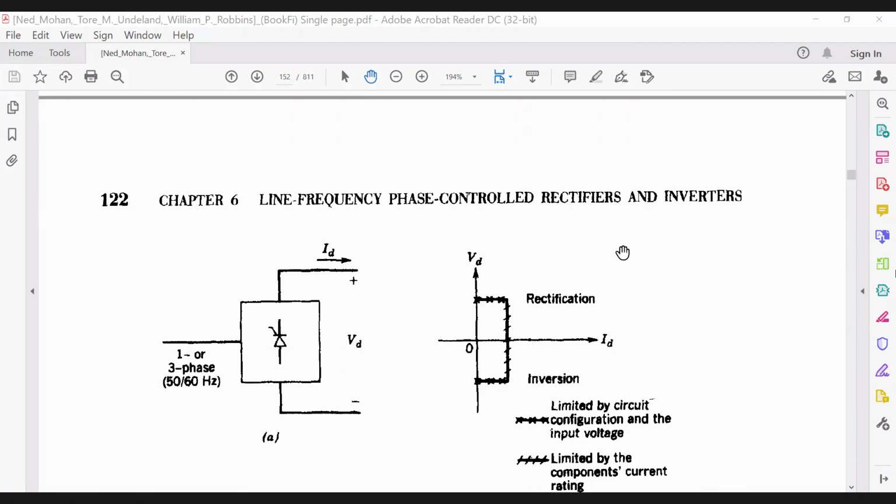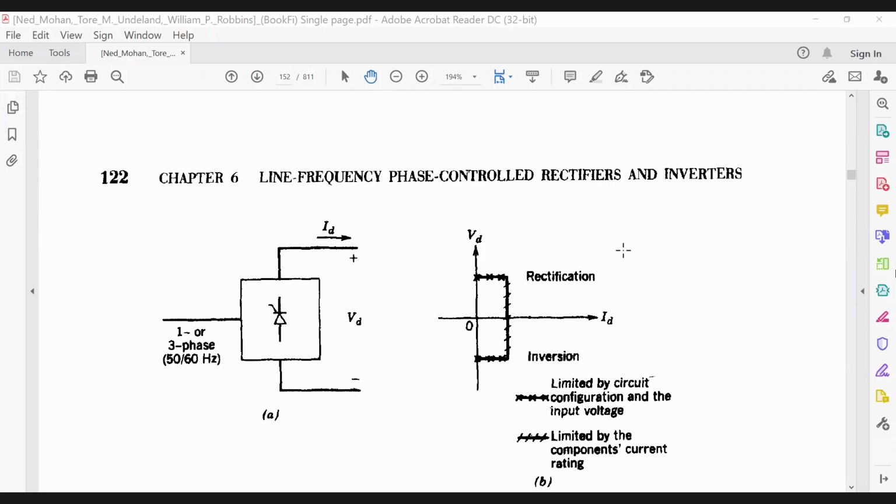Now if you look at figure 6.1, this is the AC side, and this is your DC side, and we shall use a controlled rectifier with the symbol of thyristors. The input is √2 Vs sin(ωt), single phase.